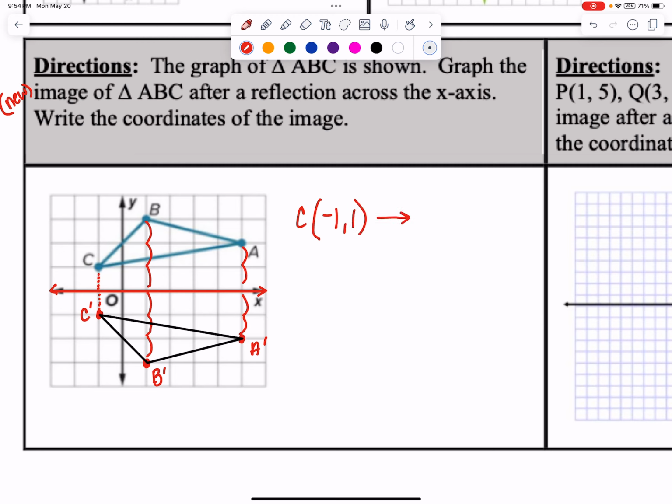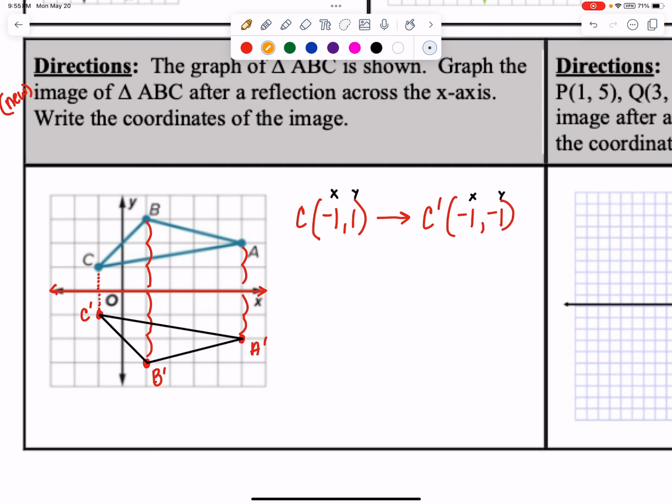When we do the mapping and show what the new image ordered pairs are, we can say C prime, and I want you to look at what this is for C prime. It's still -1. So when we reflected on the x, look what didn't change. It's -1 and then it goes -1. If I ask you to pause and think about what changed and what didn't change, we can see that our x's didn't change at all, but our y's have one slight change when crossing over the x-axis.